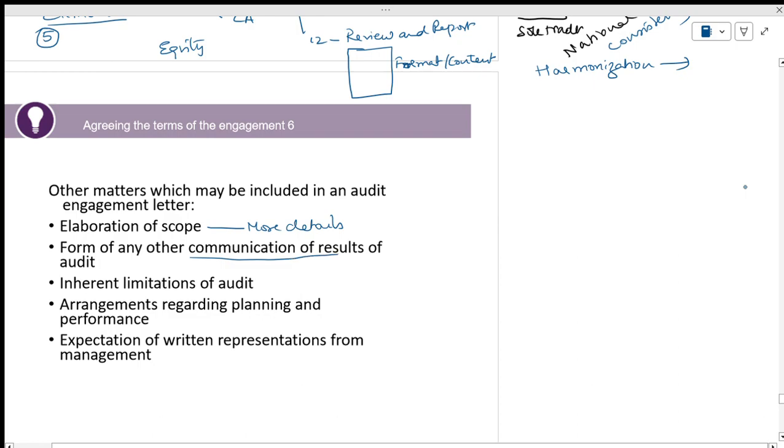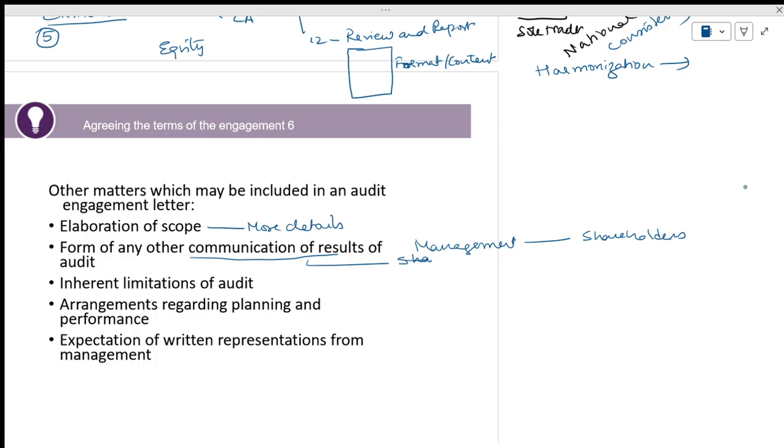Next is any other communication of results. Auditors will submit the audit report to the management, and in turn management will submit the audit report to the shareholders. That is a form of communication.